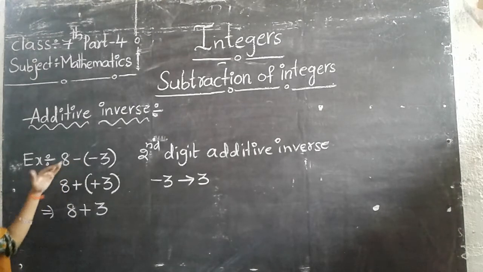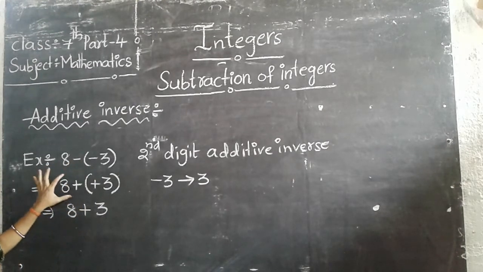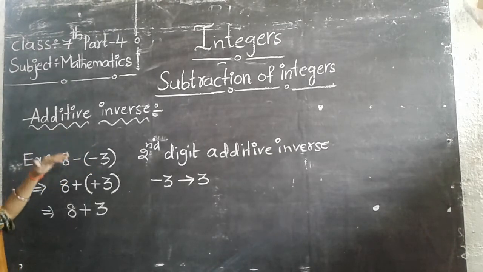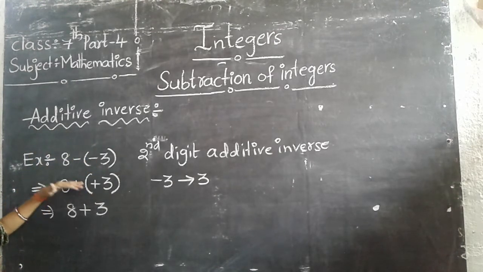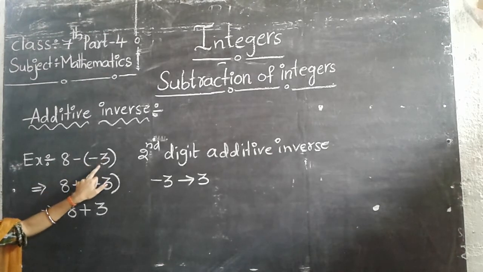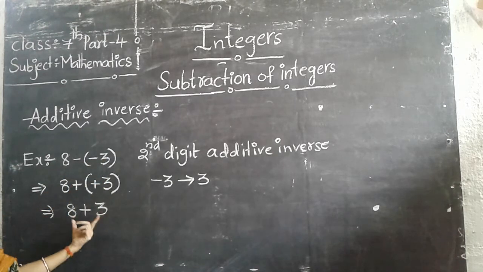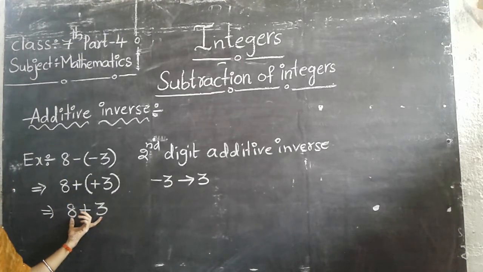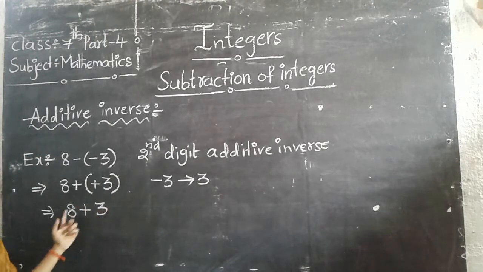Why are we changing this operation? The question is in the form of subtraction. First we change it into addition, then we find the additive inverse of the second digit. The next step we already learnt in the previous class: addition of two integers.